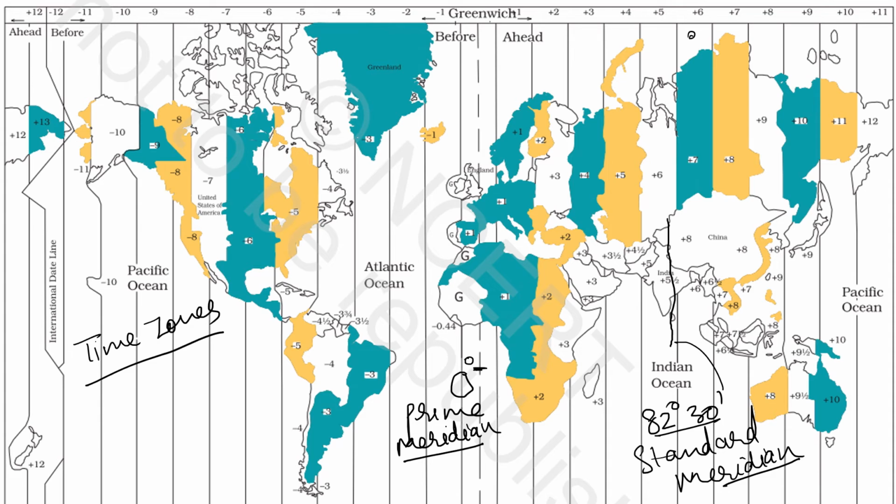So how will we know that? Here it is written 5.5 hour, so plus 5.5 hour. How will we calculate the 5.5 hour? Remember, 1 degree is equal to 4 minutes. So 82.5 degrees, that is 82 degree 30 minutes, means 82.5 multiplied by 4, that is equal to 330 minutes.